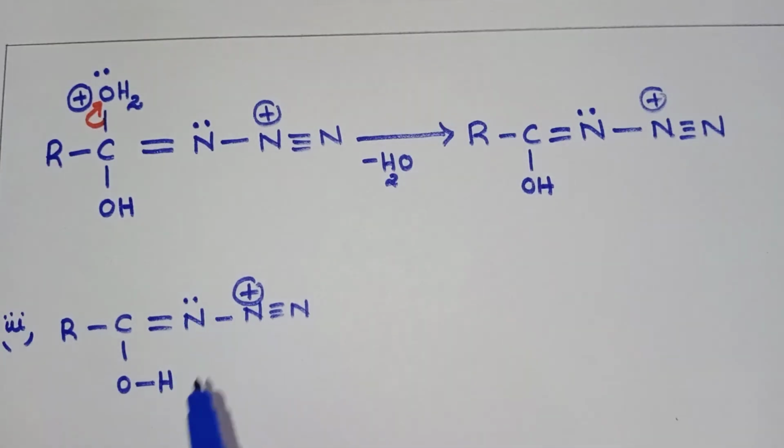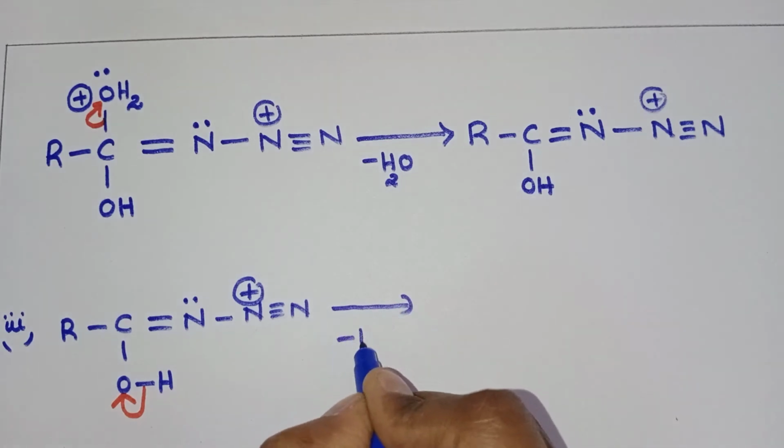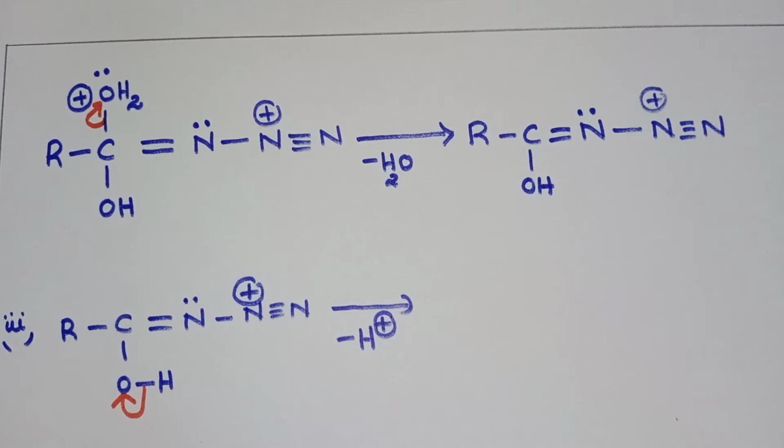One lone pair here. And here OH, I am writing separately O and H. Why? Because now what happens is these electrons are taken up by oxygen and H comes out as H plus. Put an arrow here and write down minus H plus.